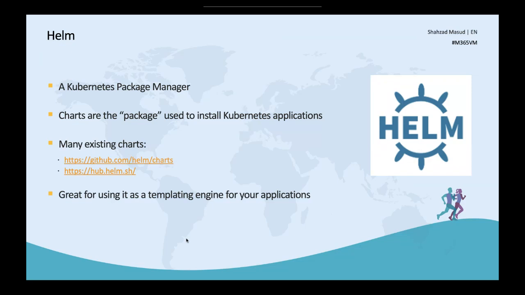Helm is a package manager that downloads and works as a proxy to all the containers. It has packages available for all the common application templates. We call those templates charts.